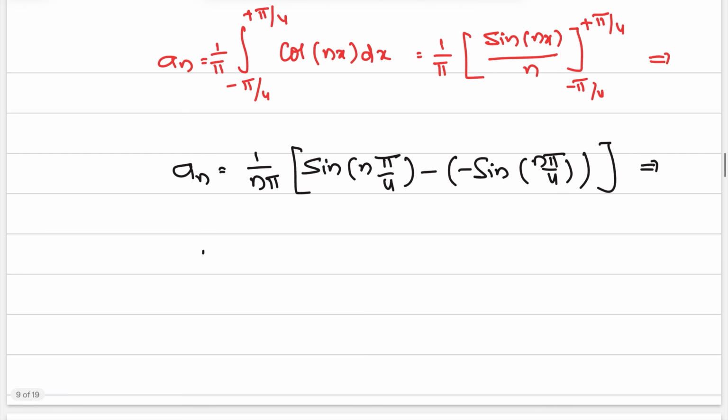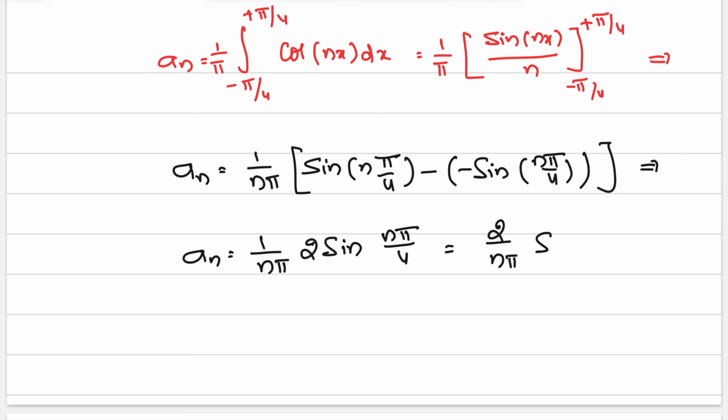That implies an is equal to 1 by n pi into 2 sin n pi by 4, that is equal to 2 by n pi into sin n pi by 4. So the value of an is 2 by n pi into sin n pi by 4.